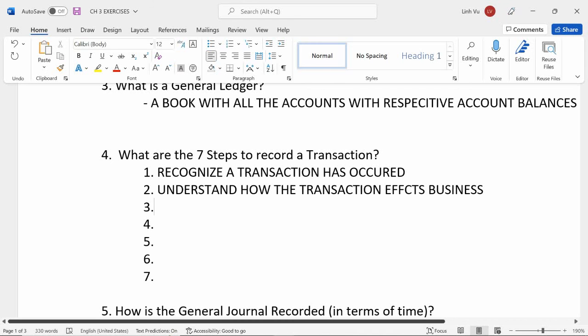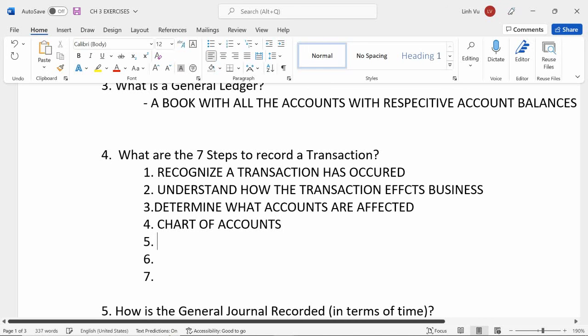Okay, and step 3? Determine what accounts are affected, increase or decrease. And then step 4? Use the business's chart of accounts to determine account numbers.